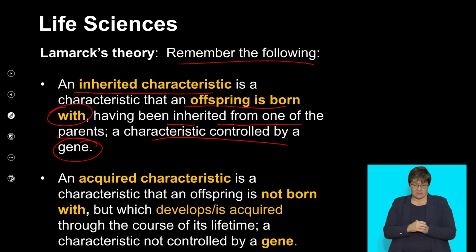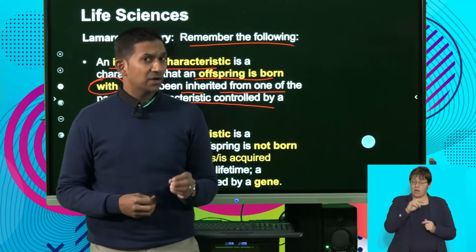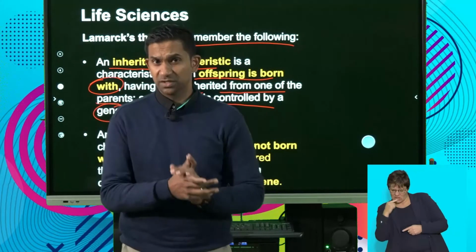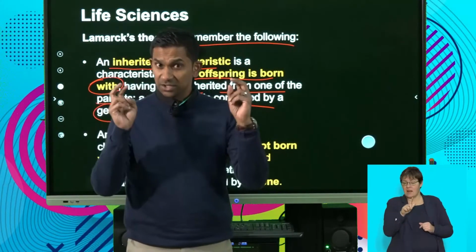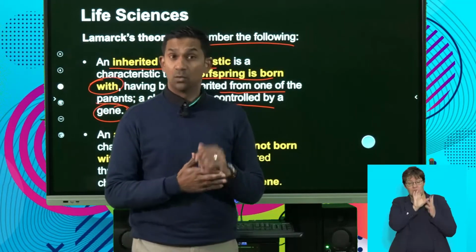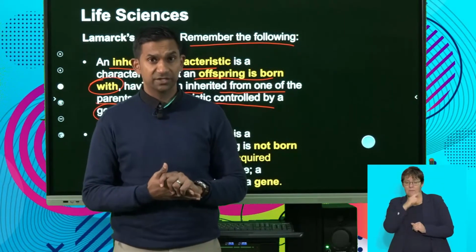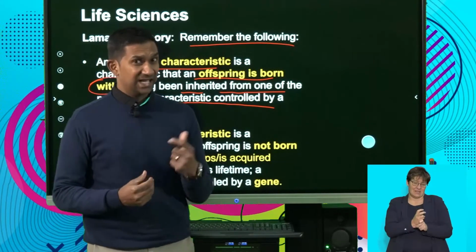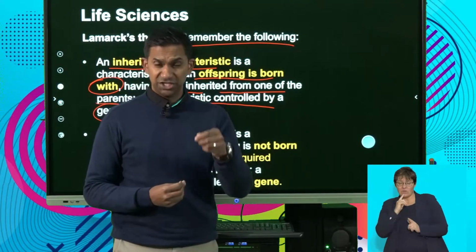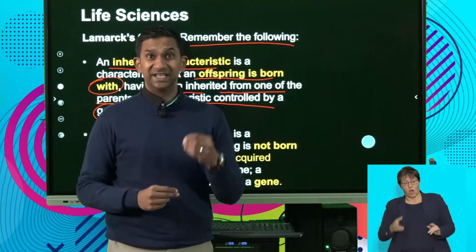Back in the day, Lamarck and Darwin were not able to coin the term gene. Much later on, when Mendel unpacked the factor that was used to inherit characteristics, was the term gene coined. So it was very difficult back then for Lamarck and Darwin to use the word gene as a concept of inheritance.